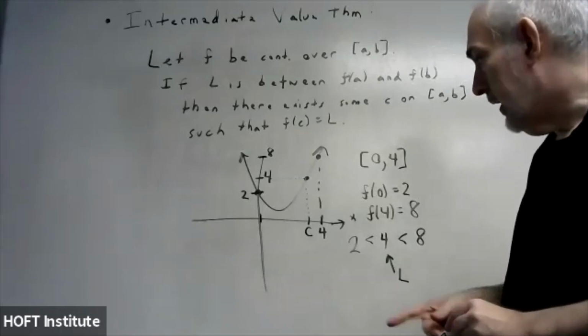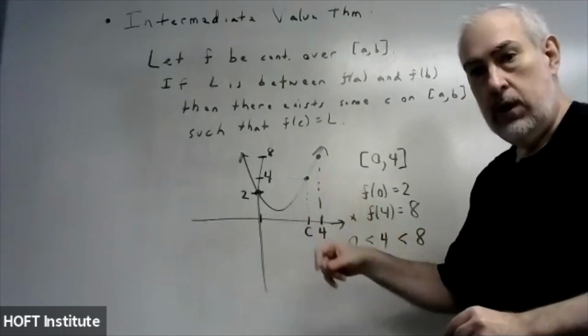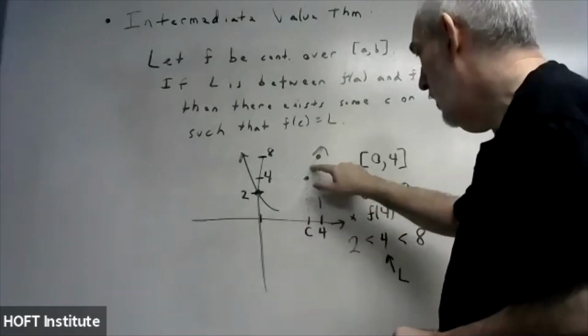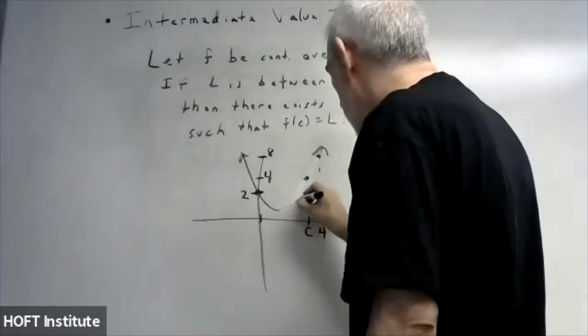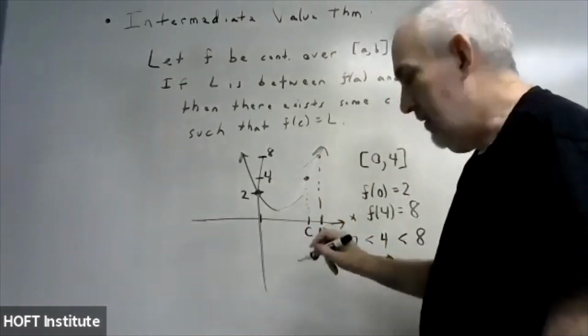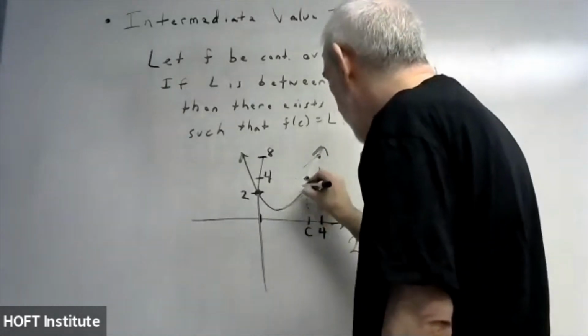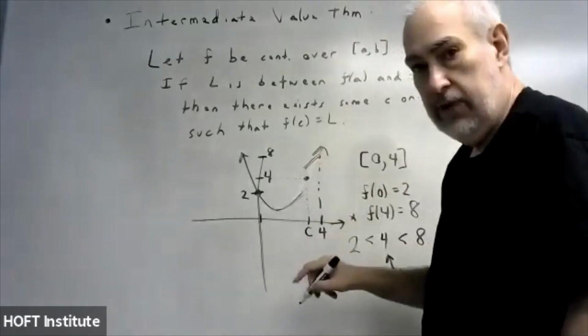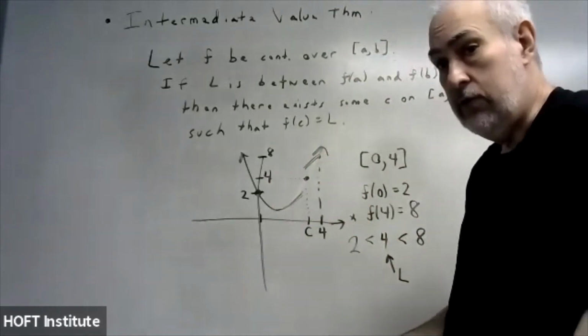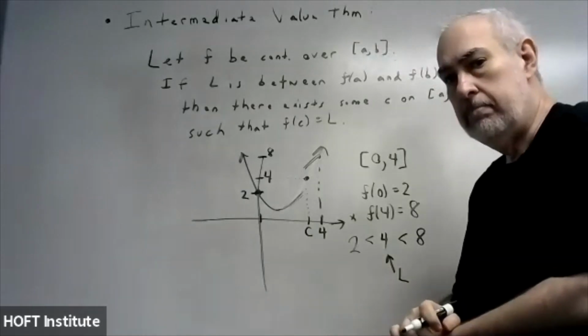And the only way I could avoid hitting the number 4 is maybe if the function jumps like that, and just skips the number 4, but then it wouldn't be continuous, it'd be a jump discontinuity.